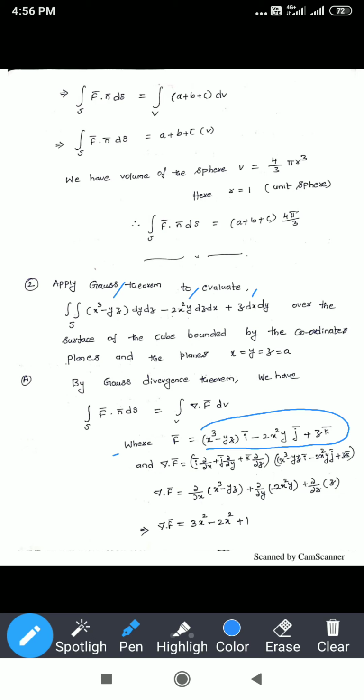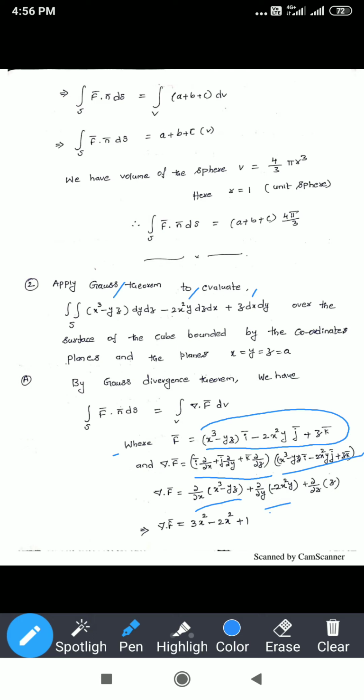So f bar is equal to (x cube minus yz) i bar minus 2x square y j bar plus z k bar. Applying the del on this vector and doing the dot product, the first term will be dou by dou x of x cube minus yz.